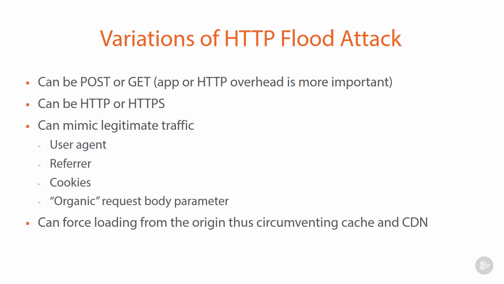They actually want it to go right through to the origin by using request patterns like this. A query string with a random parameter, something which wouldn't have already been cached. And certainly attackers that are very familiar with mounting this class of attack know how to randomize payloads enough to try and get that request all the way back through to the origin.